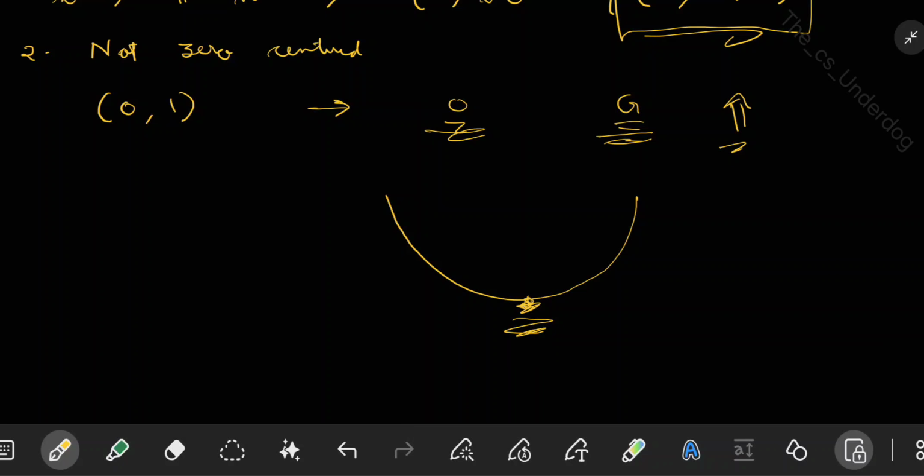You won't be able to hit this minima. So instead of actually coming closer to this minima and hitting it, these updations will be biased, which will drive it in such a way that your updations will be zigzag. It won't be able to actually hit that optimal minima. This is the problem.